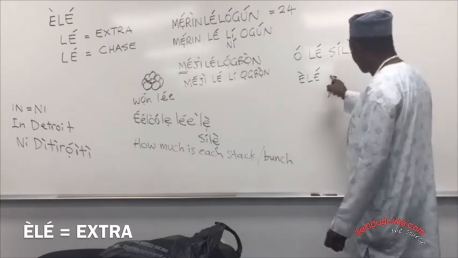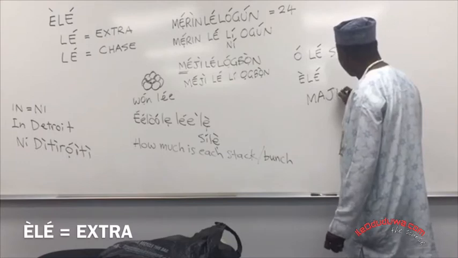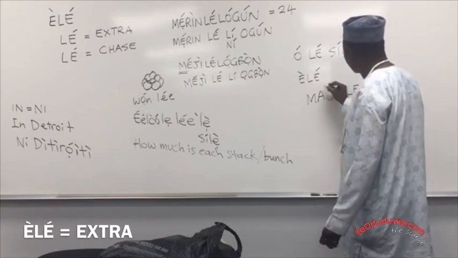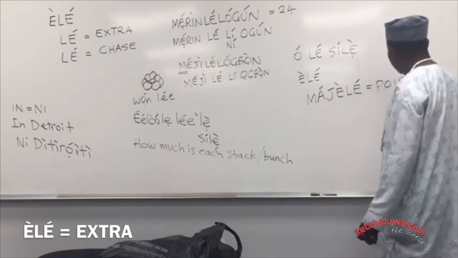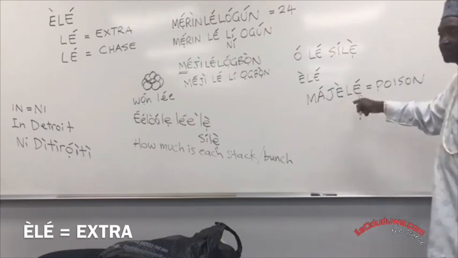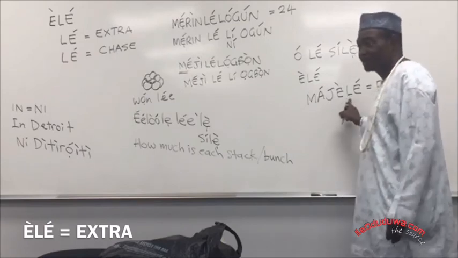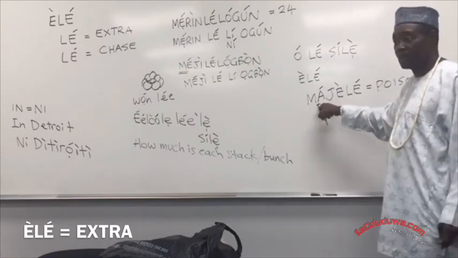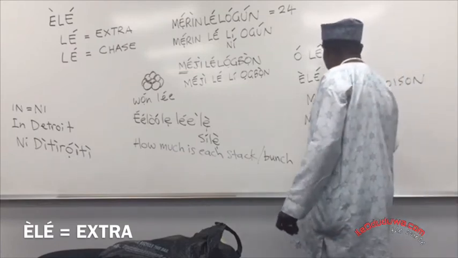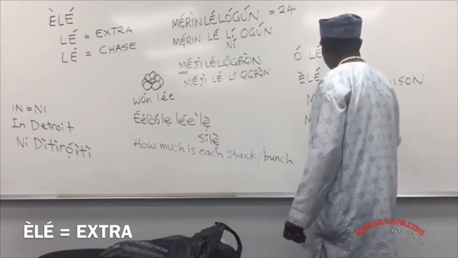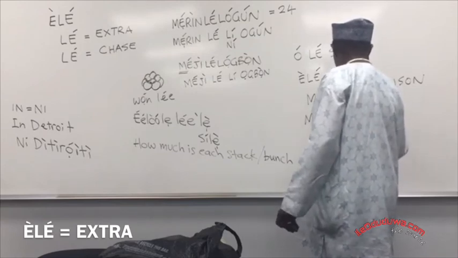Now, check this out. Ma jele, ma jele is equal to poison. This is poison. Do not eat extra. That's what it's saying. Ma means do not. Ma je. Okay, you see how funny this looks now. Je ele.